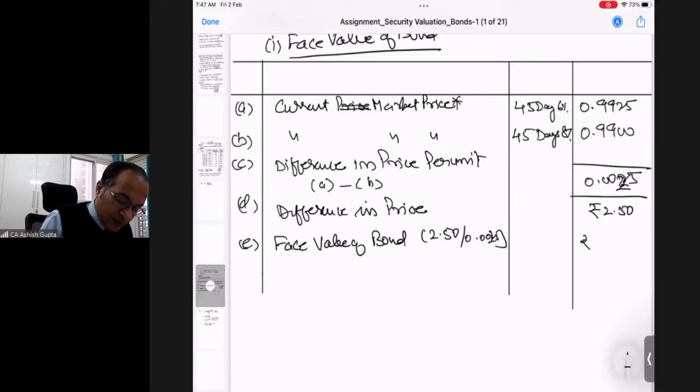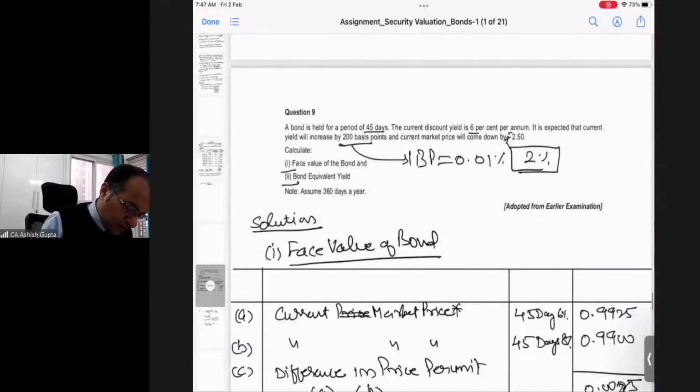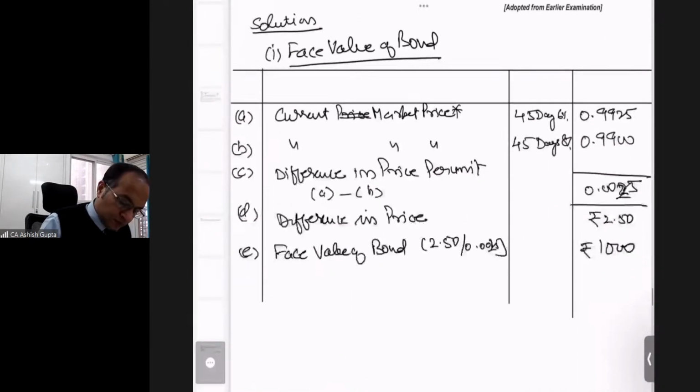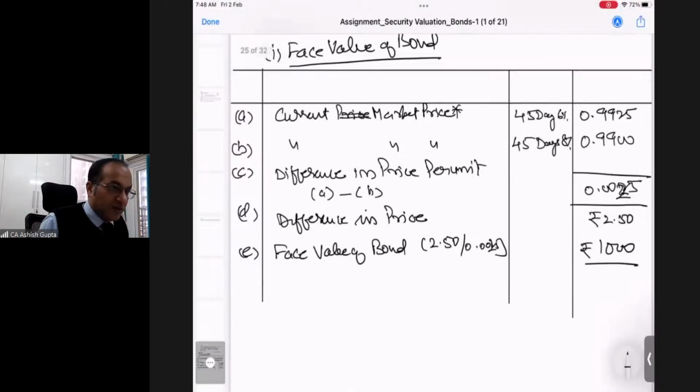The value comes to rupees 1000. Okay, student. So now, what is the requirement? We have to compute the face value. So we have reached the first answer. So this is the first answer. Okay. Now next we have to compute the bond equivalent return.